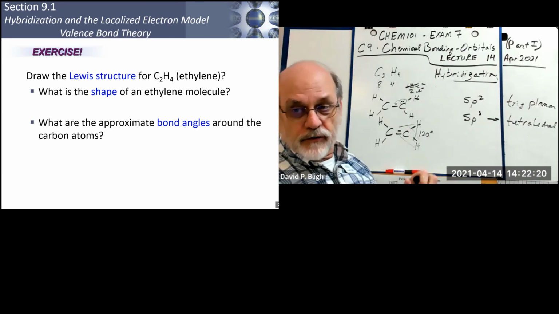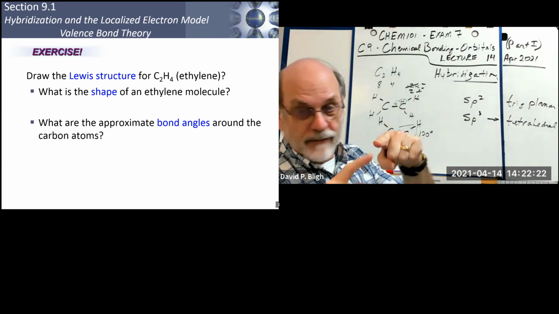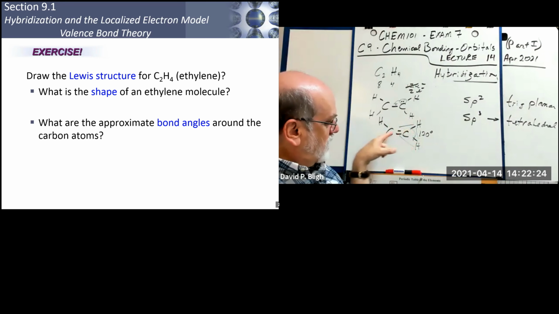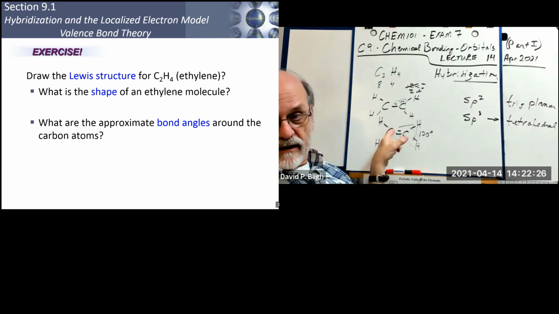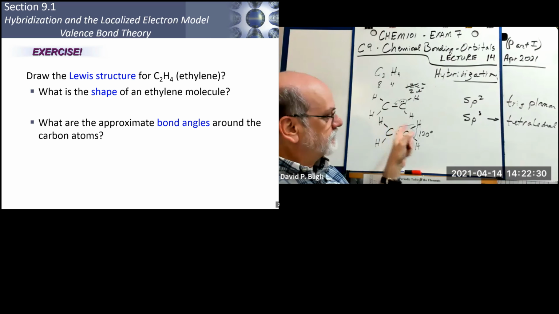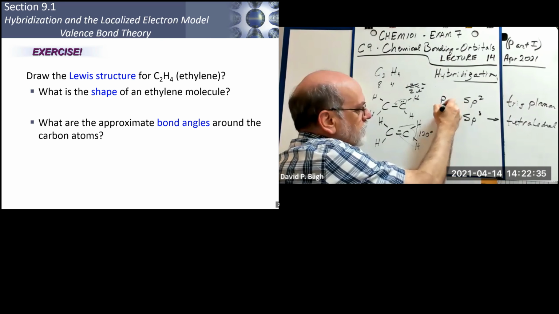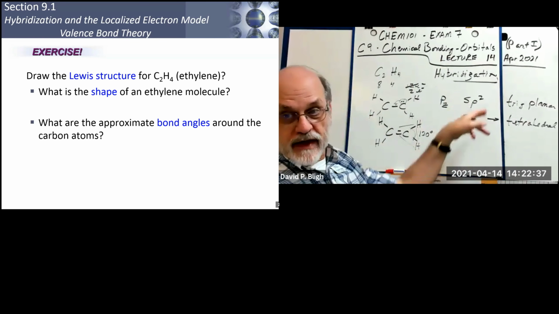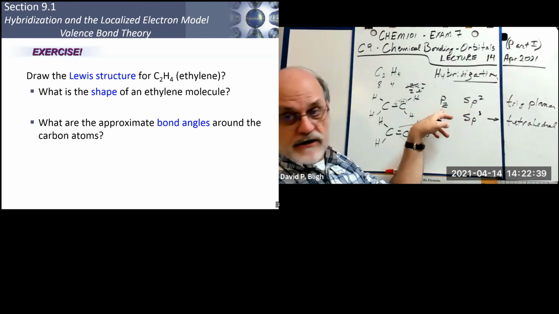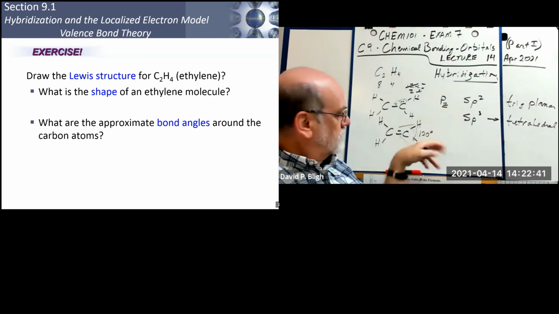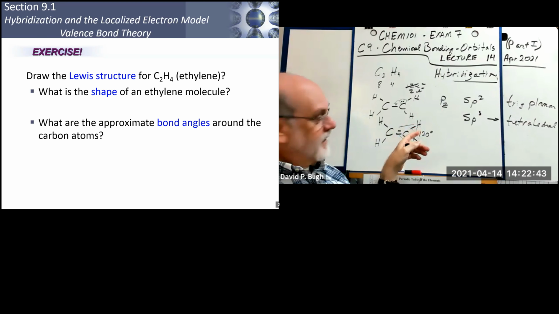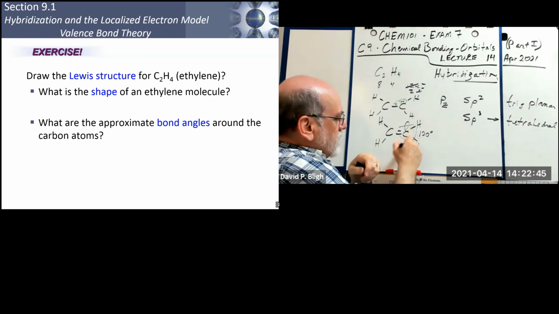But that only accounts for single bond overlap. Single bond, single bond, single bond. You've got a double bond in there. So there's another bond that has to form from somewhere. Well, you've got 1 p orbital here. Let's say x and y are used for that hybrid. You've got a pz that's not used yet. So you've got this p orbital here, and you've got the same over here and here.